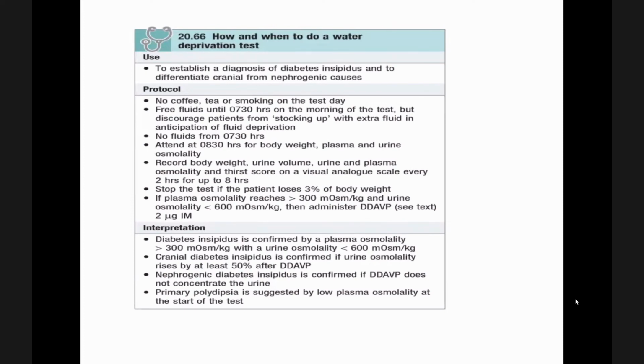If plasma osmolality reaches more than 300 milliosmol per kg and urine osmolality is less than 600 milliosmol per kg, then we can say that this patient has diabetes insipidus. Then we go for desmopressin administration. When we give desmopressin, if it improves, then it is cranial diabetes insipidus. If it doesn't improve, then it is nephrogenic diabetes insipidus.